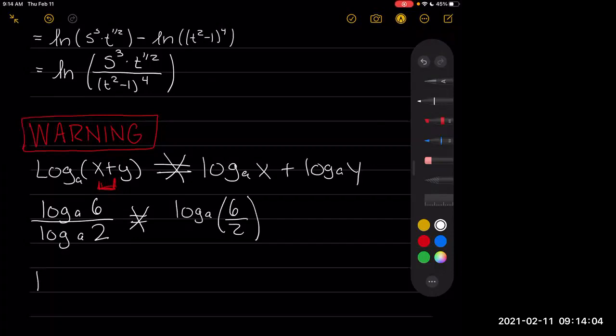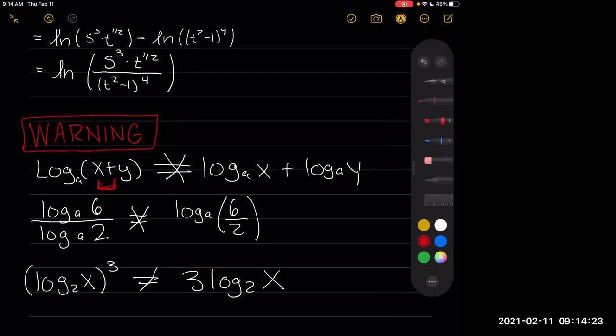Similarly, log base 2 of x, all of this cubed, does not equal 3 log 2 of x. So when you're adding inside of a log, you can't split it up.